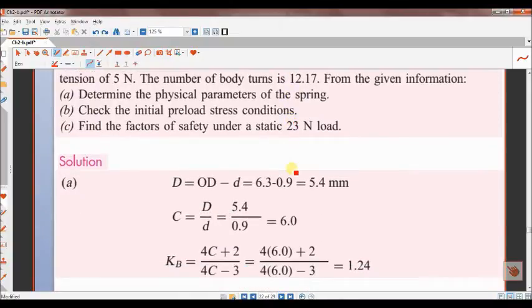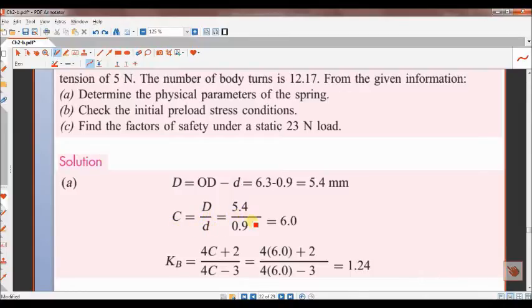The first physical parameter that I'm going to find is mean diameter. As you know, mean diameter is outer diameter minus wire diameter, so 6.3 minus 0.9 is 5.4 millimeter. The second physical parameter is the spring index, which is mean diameter over wire diameter.